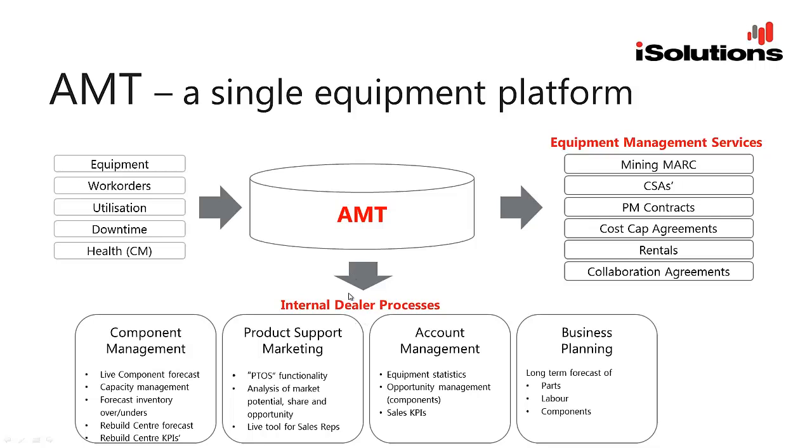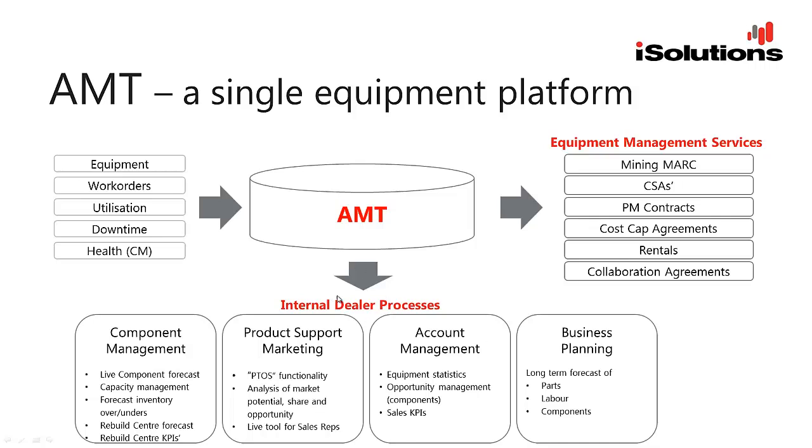Internally, there's a number of processes that AMT will support. Component management, being able to forecast component requirements, look at what's in inventory, and define that capacity management strategy. What's to be rebuilt, how much reman do you need, etc. And we'll talk about this one a little bit later. The product support marketing, I mentioned, account management, business planning.